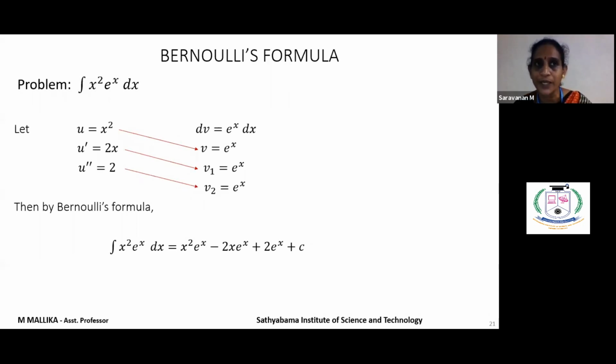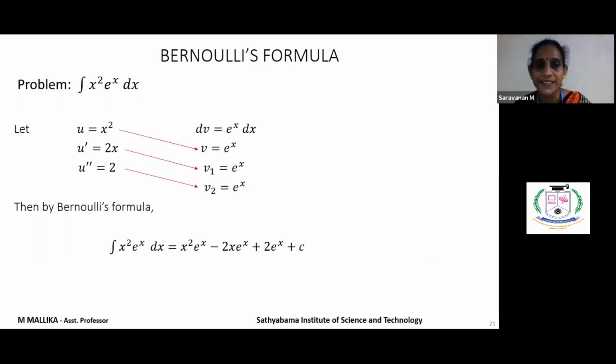On the right hand side, I'm going to integrate v. How many times do you have to integrate? Based on the number of terms that you differentiate. So if you differentiate 2 times, here I have to integrate 3 times. If you differentiate 3 times on the left hand side, I have to integrate 4 times on the right hand side. Only then you can apply the formula properly.